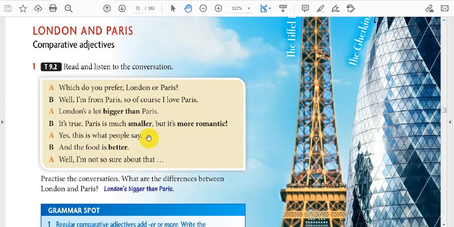I want you to focus on the use of the comparative between the two capitals, London and Paris. I mean, bigger than, smaller, more romantic, better.